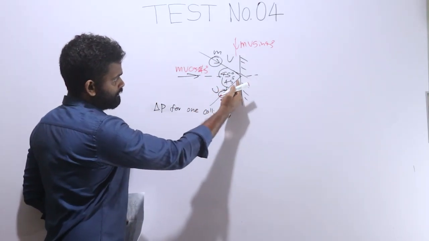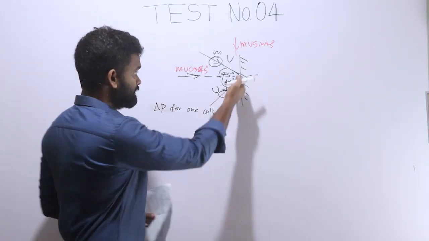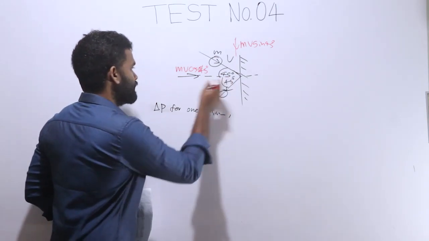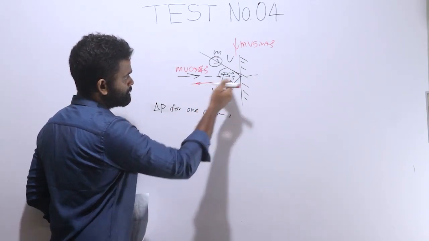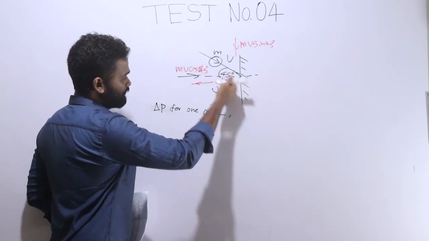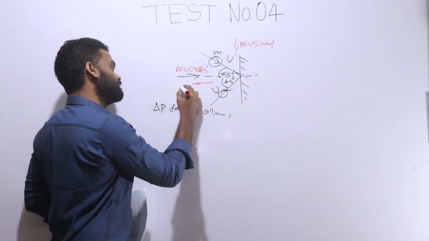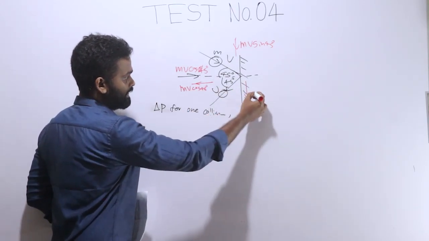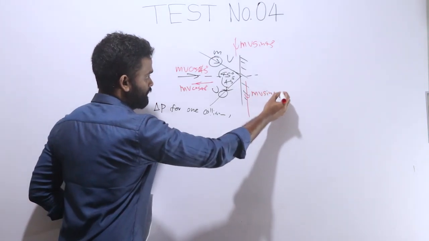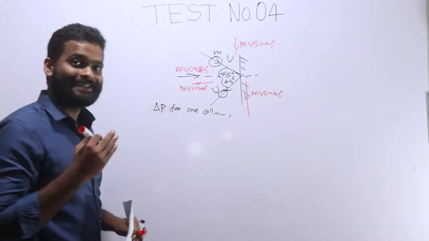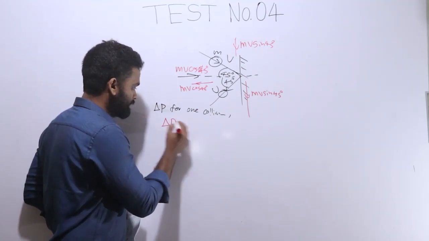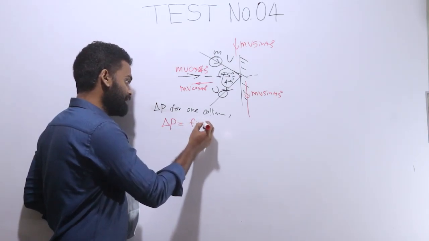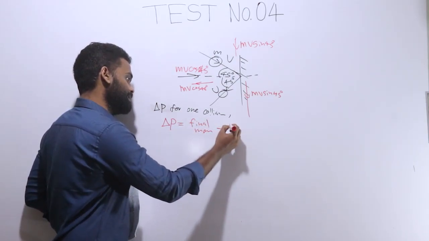Then the next vector, this mv, that is the final momentum. If I resolve that normal to the wall, that becomes mv cos 45. Then parallel to the wall, that is mv sin 45. So in order to find delta p, for one collision, that is final momentum minus initial momentum.